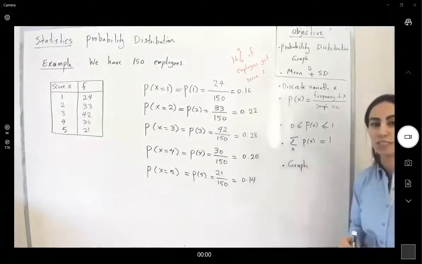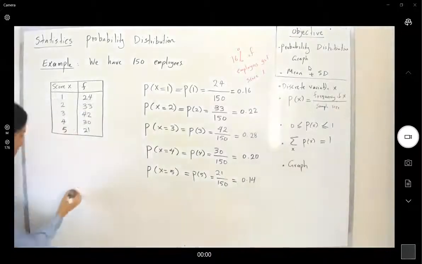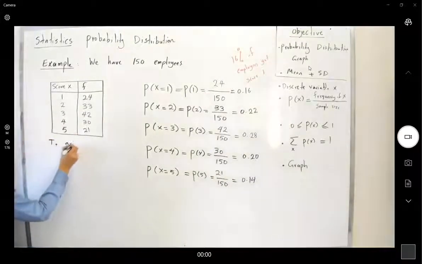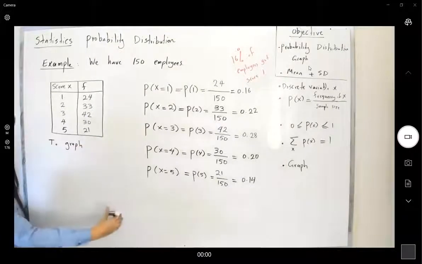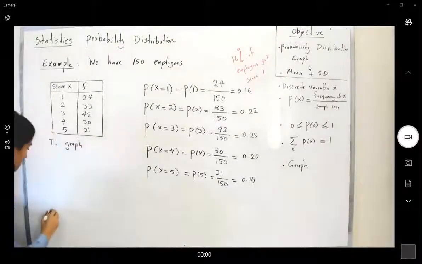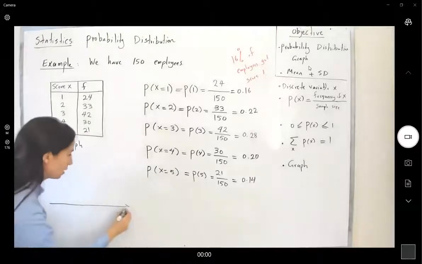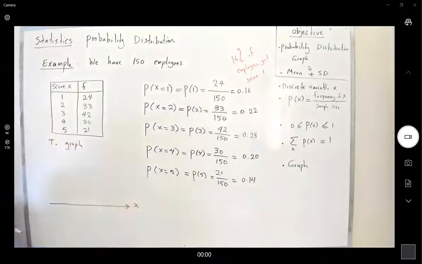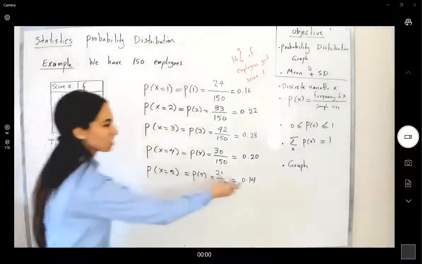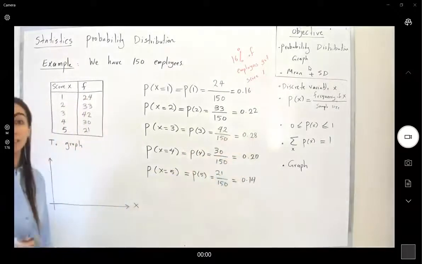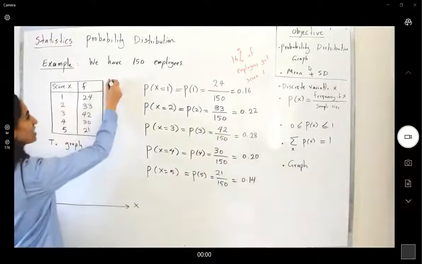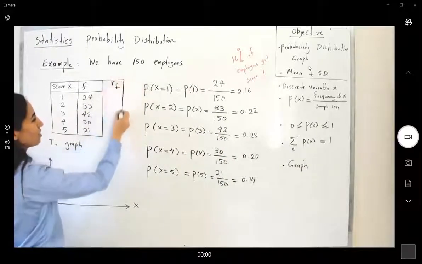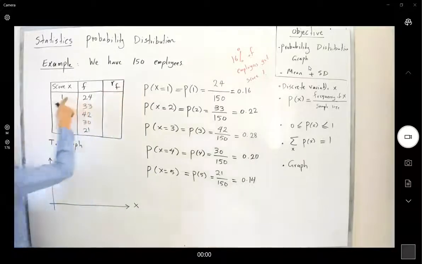The graph is actually very simple. To graph this, we have a horizontal axis and a vertical axis. On the horizontal axis, you list all of your x values, or the representative for each category. On the vertical axis, you have your relative frequencies. What's the relative frequency for the first class?